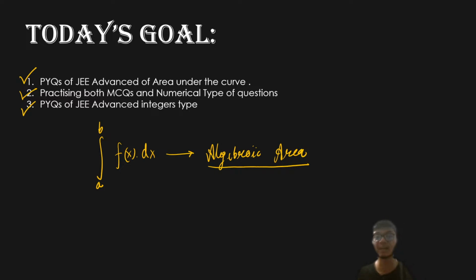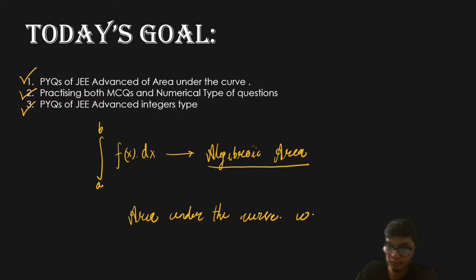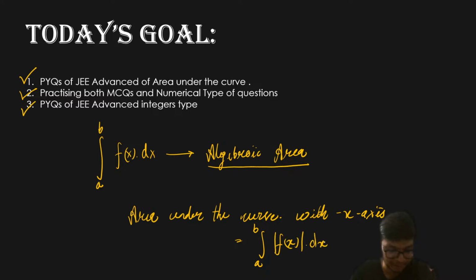We are not interested in the sign of the area, only in its magnitude. So, for example, if I need to discuss the area under the curve with the x-axis, our area is going to be the integral from a to b of f of x, and I will put a mod over it.